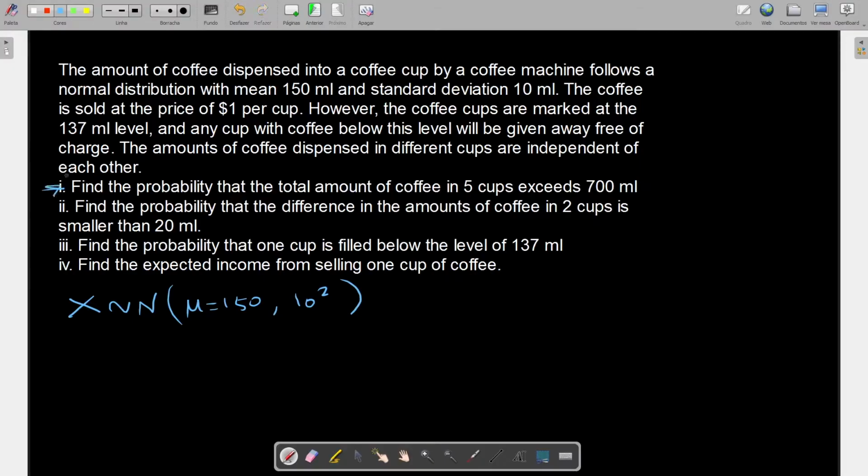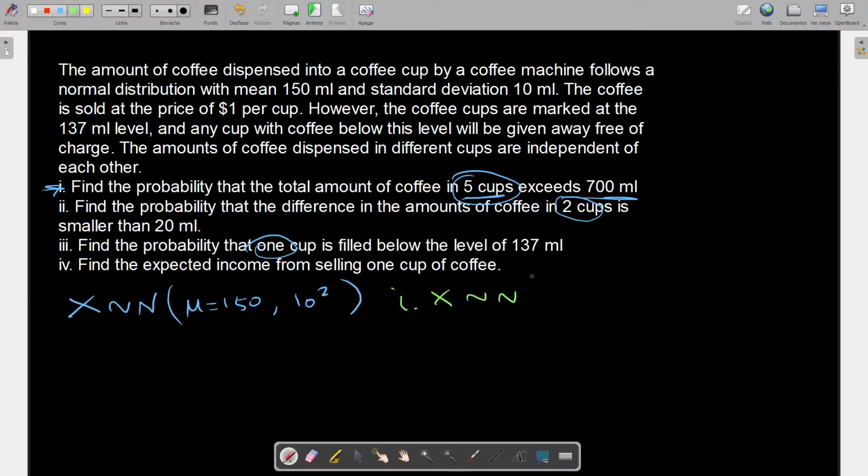So the first question is to find the probability that the total amount of coffee in 5 cups exceeds 700 milliliters. This is one thing that you need to know about these problems: sometimes they will give you a multiplier. Let's look at this exact example. 2 cups, this one is 1 cup. So every time that you have a situation like that, and for this first problem, before we start doing some math, we do it like this.